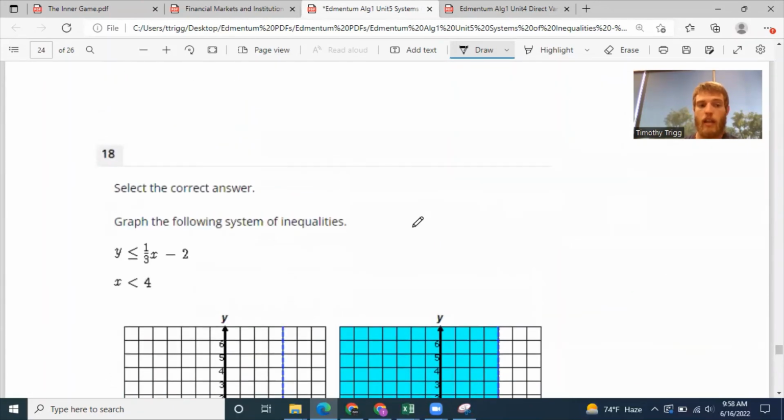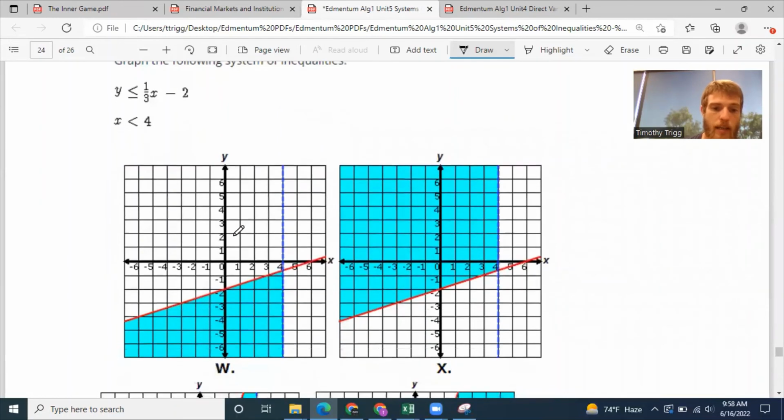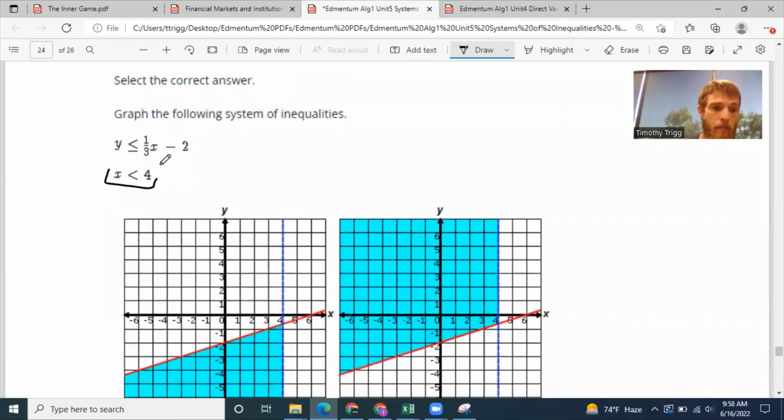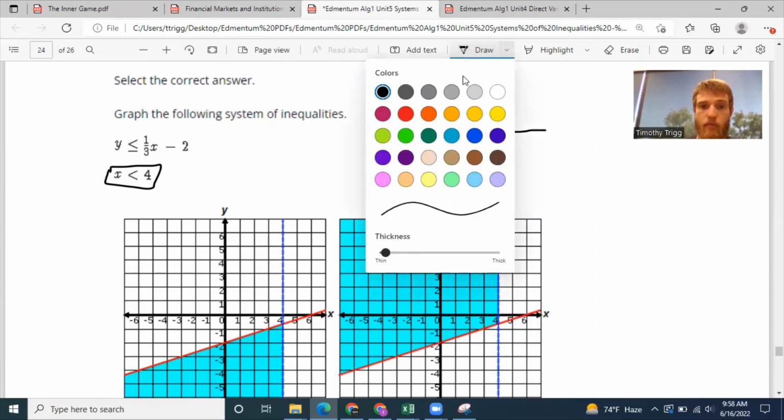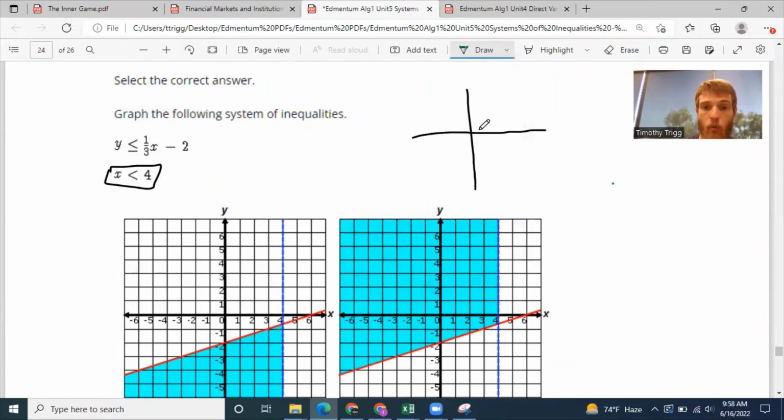This one's very similar to the last one. One thing to keep in mind is that for this bottom inequality, it says x is less than 4. So what would that look like? Well, remember when we have x equals something, that's a vertical line. So I know this one's going to be a vertical line at 4 on the x, 2, 3, 4.